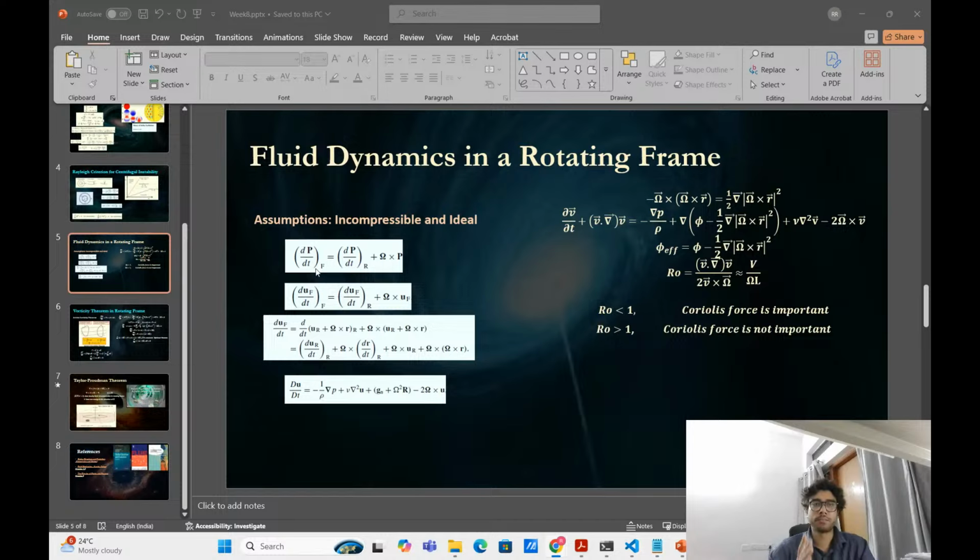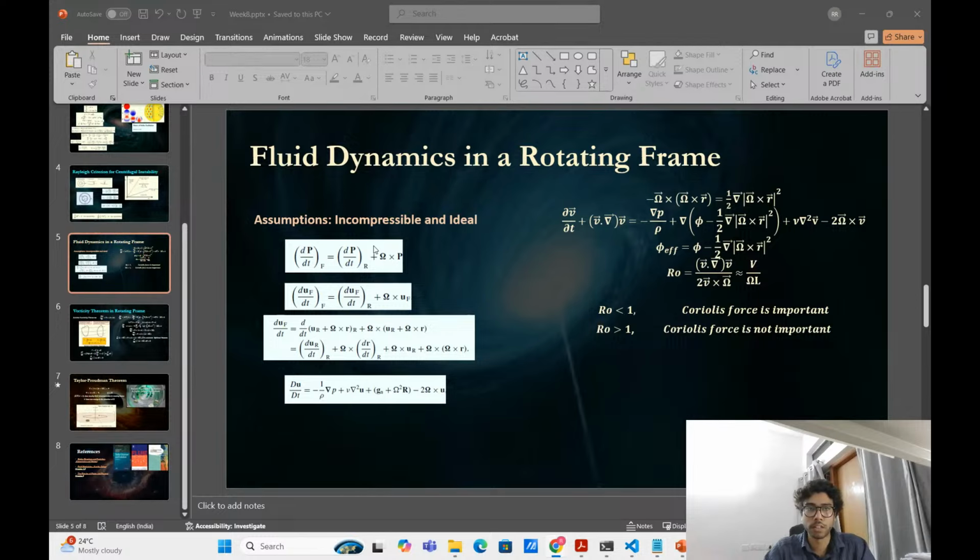So let's say you are a fixed observer in an inertial frame, or in the lab frame, and there is some rotating body. You have a jar with water in it, and the jar is rotating, right? Now, this F is your frame, the fixed frame, and then there could be another reference frame which is attached to the rotating jar.